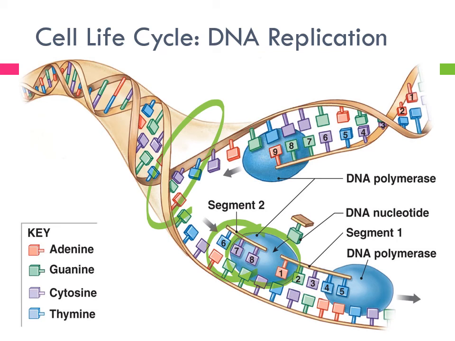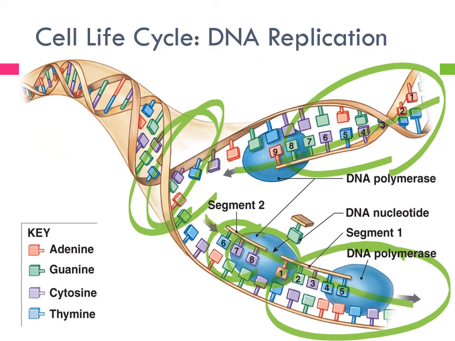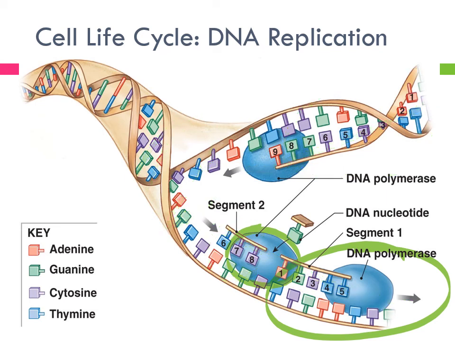So we are basically bringing in all of the complementary bases. We're taking one set of DNA and making it into 2 separate sets of DNA. Here's our one set. We're going to open that, and then bring in all of the complementary bases on each of the 2 strands, so we end up with 2 full strands of DNA.